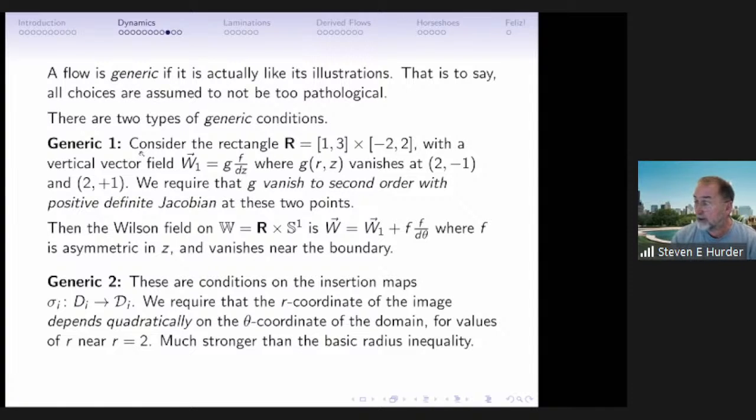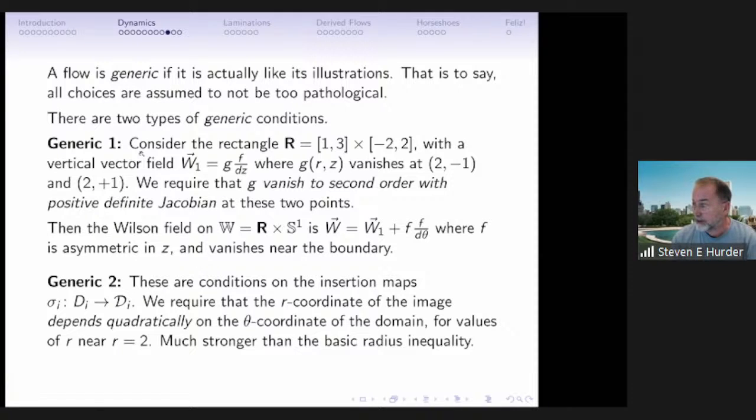All we need is a climb, but you could assume the climb is quadratic, meaning that the vector field vanishes to second order and not to 10th order or infinitely flat. These are two assumptions you make when you see a picture of Christina's construction. And I call them generic conditions.